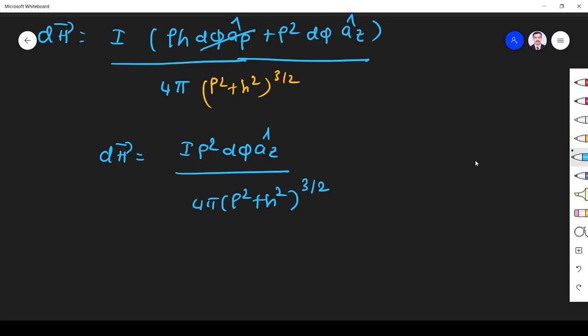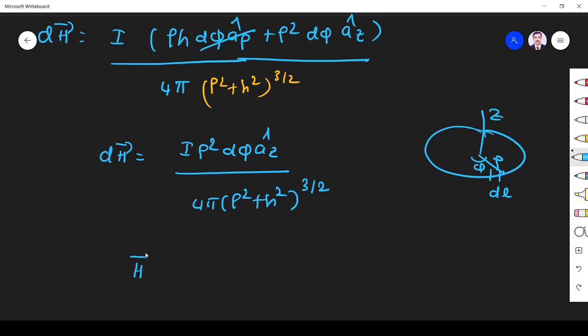This is for one dL of my disk. For the total, I have to integrate it. Integrate with respect to angle only, because phi is the only thing changing. Angle, not radius or rho. Z is this one. Both are not changing. Only the phi component is changing.